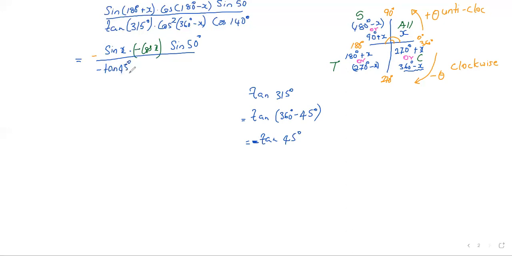This is a special angle. The cos of 360 minus x is in the fourth quadrant.